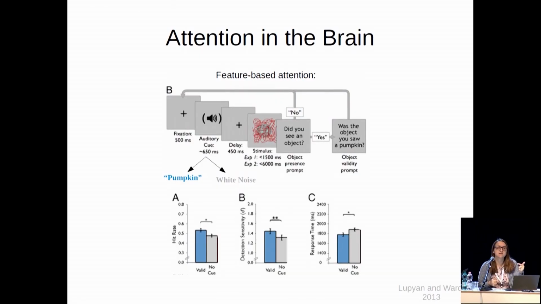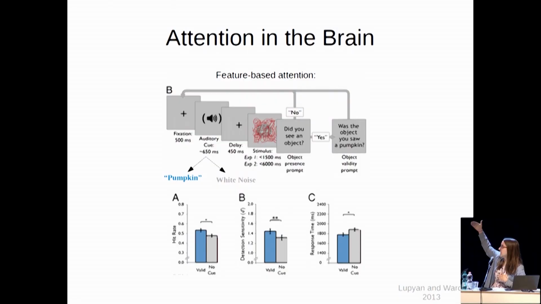They might be asked if they saw a pumpkin, which would be the word that was cued, or they might be asked about a different object. The point of this is to say, if you're cued about the thing that you're going to be asked about, are you better at detecting it? Because in the normal situation, this is a pretty hard task because these images are so noisy. What you're seeing on the bottom is that when you are validly cued about what you're going to be asked about, the hit rate is higher.